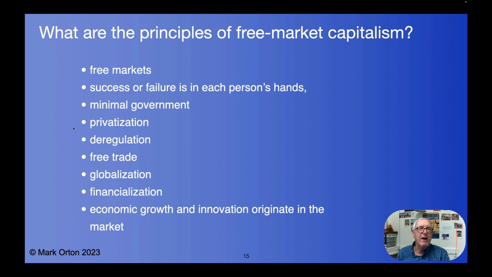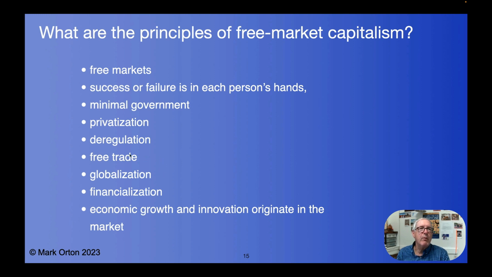Deregulation, getting the government out of the way. Free trade, so we have all sorts of free trade agreements around goods and services. This allows things to move around in the world without tariffs and other taxes when crossing boundaries. And importantly, this includes the movement of money.